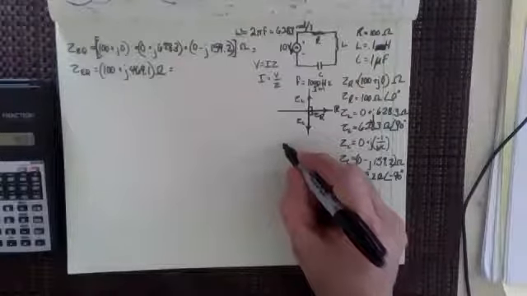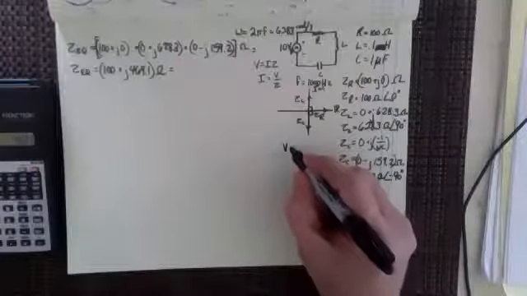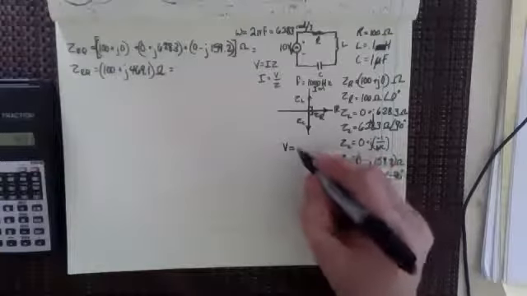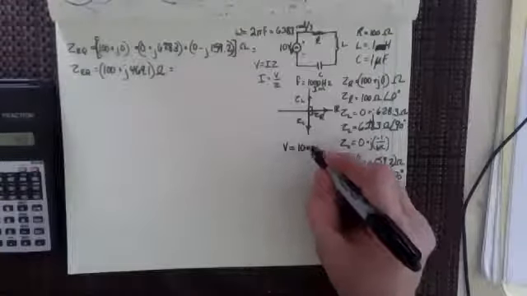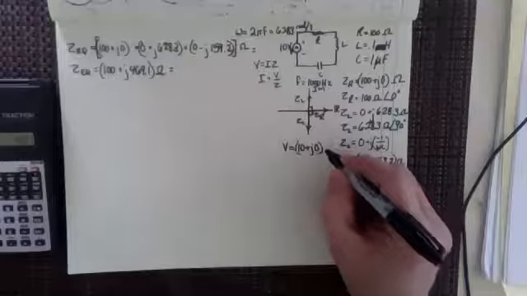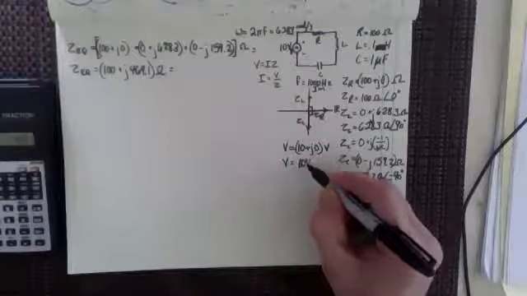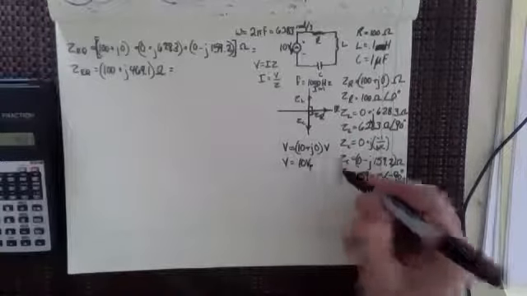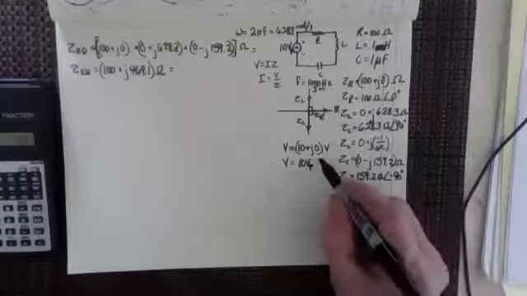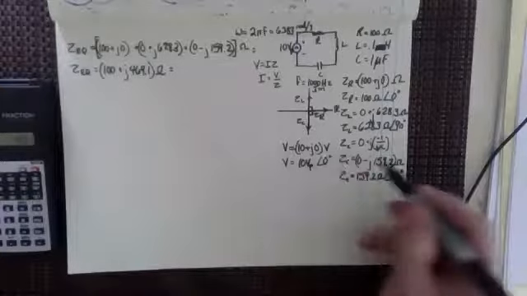So if I've got V as a 10-volt reference source, the way that I would write that is 10 plus J0 volts. Or I could say that V is equal to 10 volts, and of course, I'm always talking about the peak voltage, at an angle of 0 degrees.